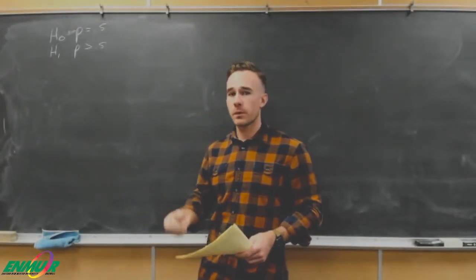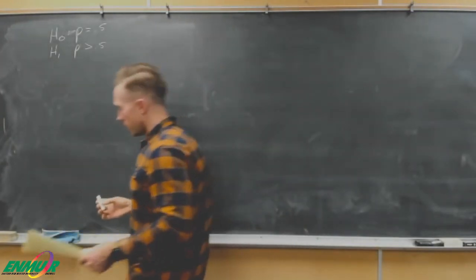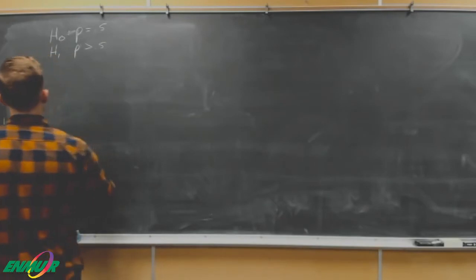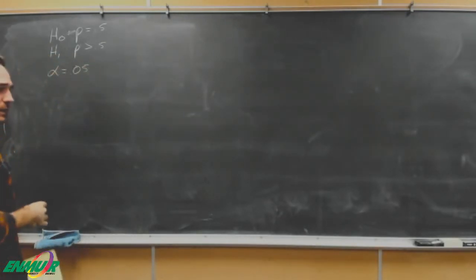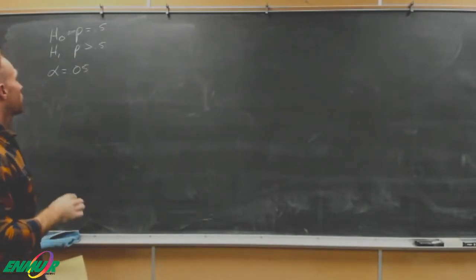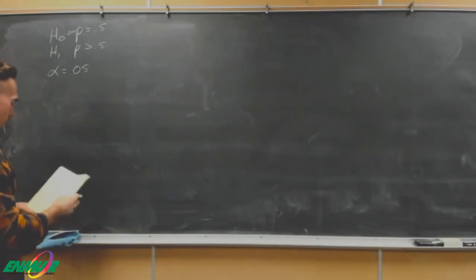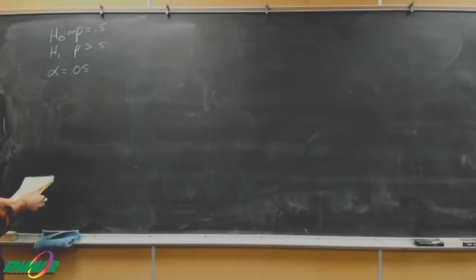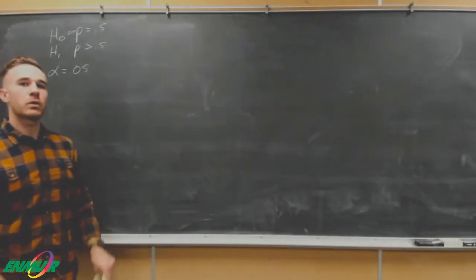Step number four is to select the significance level. The significance level in this problem, their alpha is 0.05, and that would translate into a 95% confidence interval. So we now know our claims and we know our significance level. We now need to determine what test statistic I am going to use.